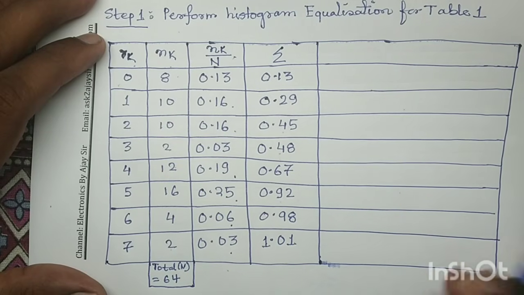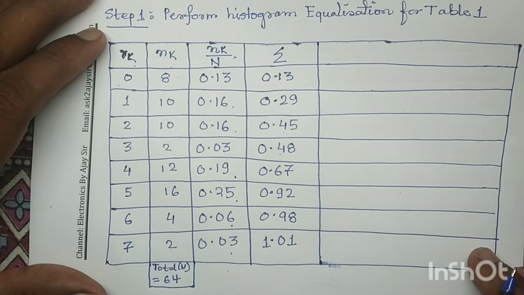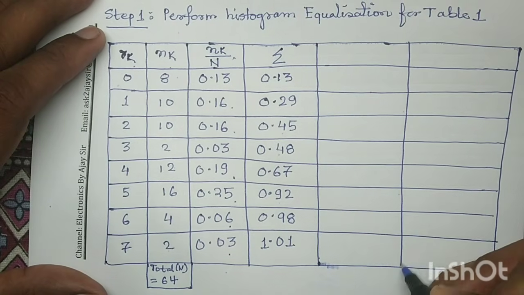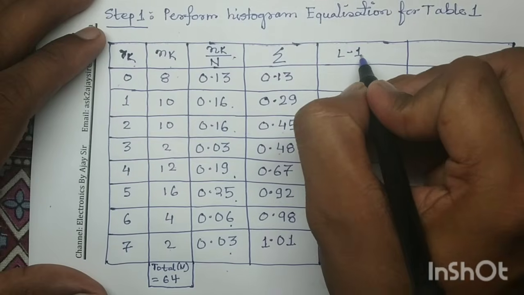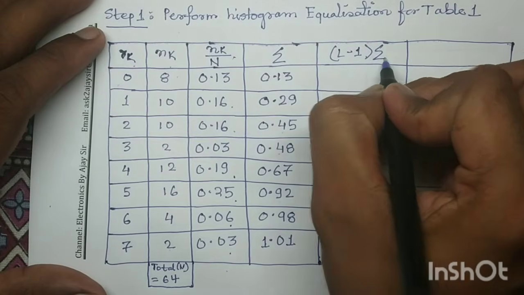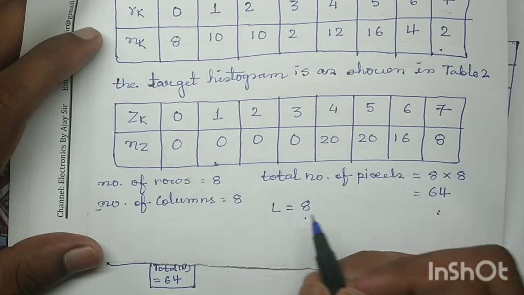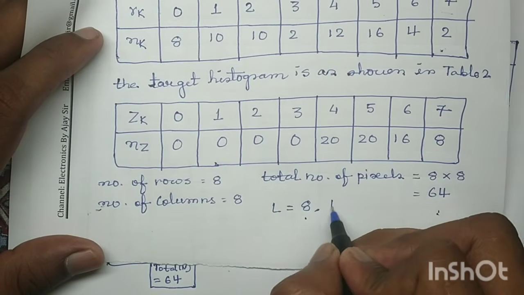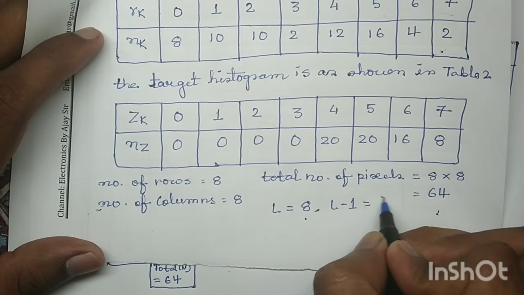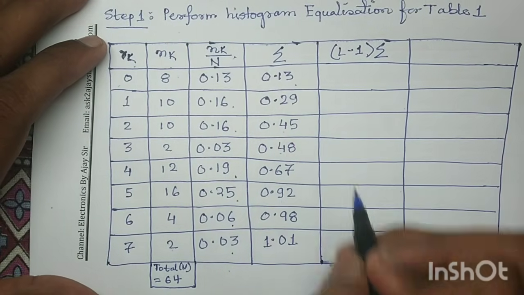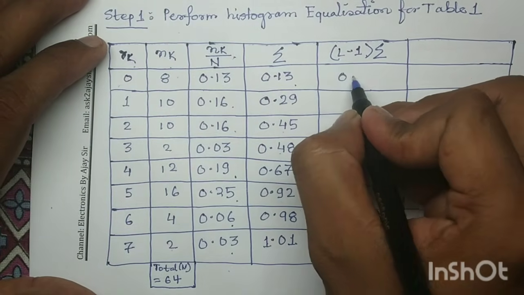So after determining the CPDF, next we will determine L minus 1 into sigma. Earlier we determined L is equal to 8. So if L is equal to 8, L minus 1 is equal to 7. So 7 multiplied by 0.13 is 0.91.